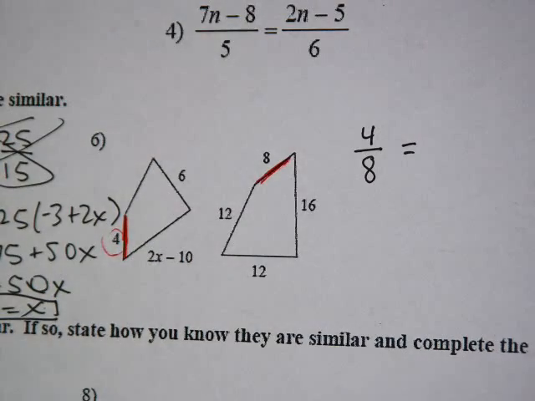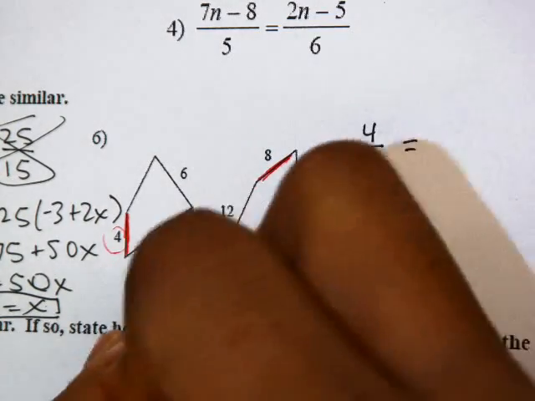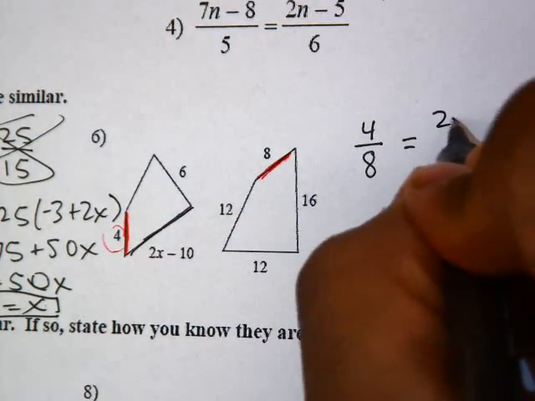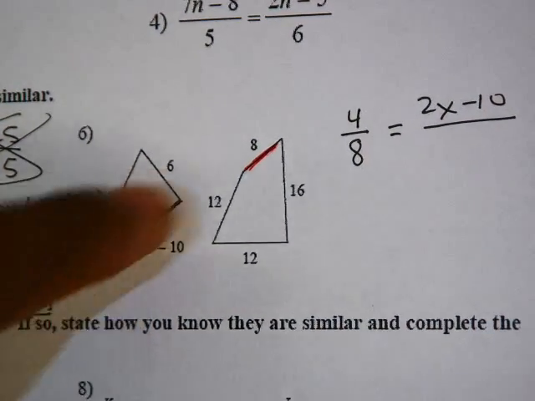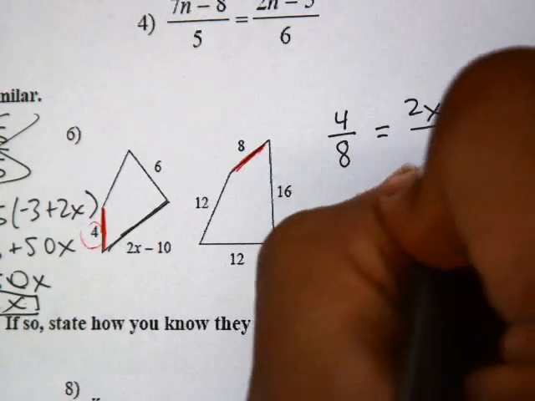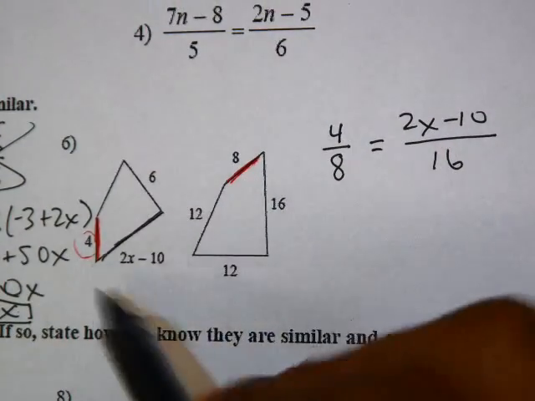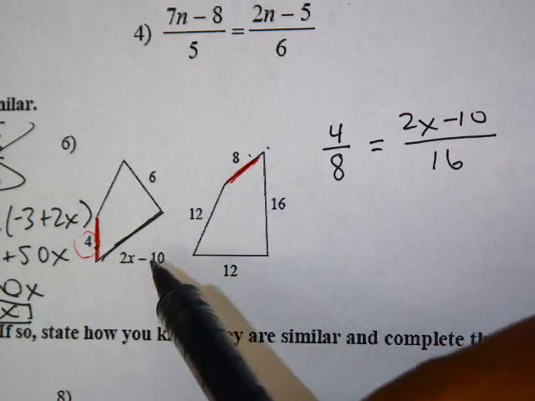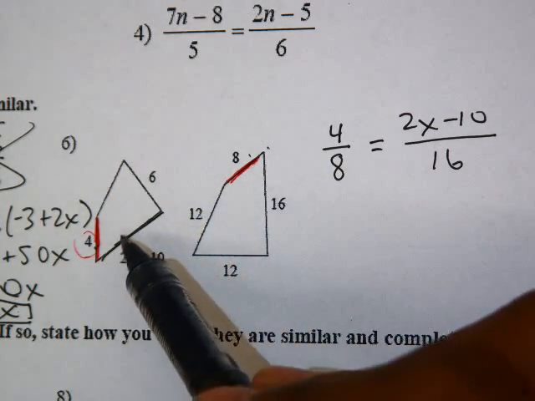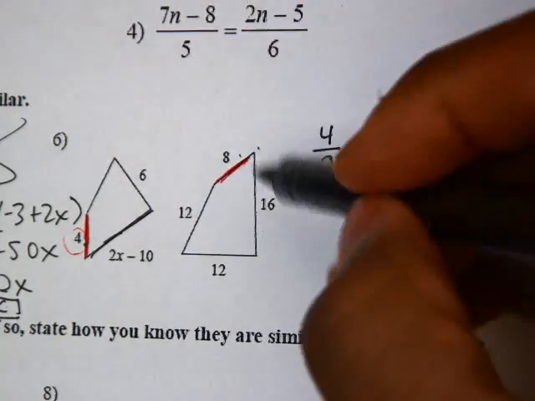That should be proportional to this 2x minus 10. It looks like the longest side on the left is proportional to the 16. Notice how I went from shape on the left to the right, 4 to 8, and I need to continue that to be 2x minus 10 over the 16.